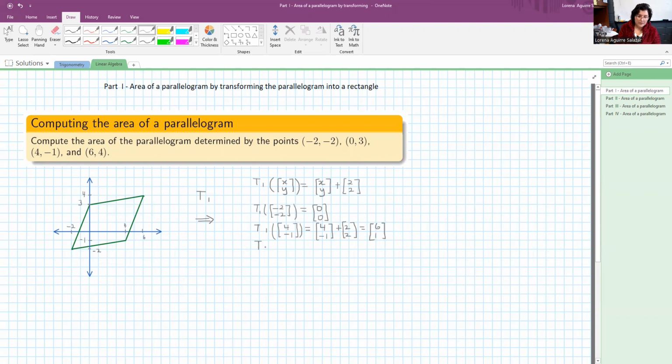And then the third vertex, (6, 4), gets transformed into (8, 6), as we add 2 to x and 2 to the y component. And finally, the last vertex, (0, 3), gets mapped into (2, 5).